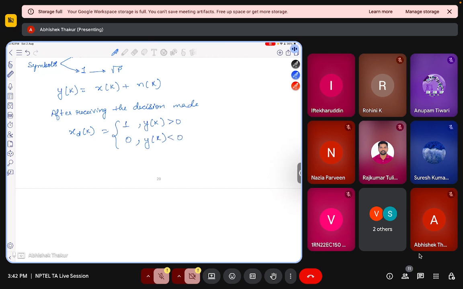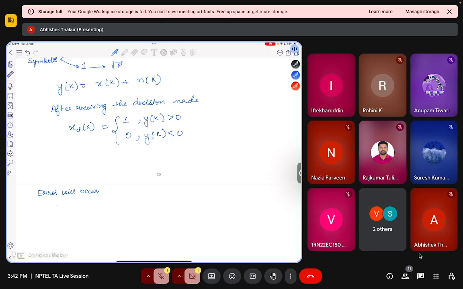But now when will error occur? Error will occur when the transmitted symbol and the decision made are different, not the same. So when Xk is equal to 1, transmitted is 1 and decision made is 0, so received is 0. Then the error will occur.